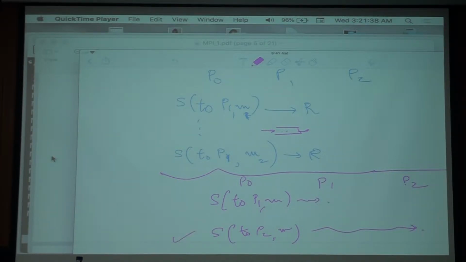This can finish before the other one. So if you send to different targets, this can finish before. The idea being that if this is a huge message and if this is a short message, you don't want the short message to wait for the huge message. So in that case, for different destinations, it doesn't matter. It can finish in different orders. Things like that are well thought out and designed.